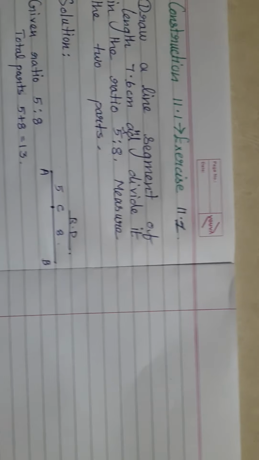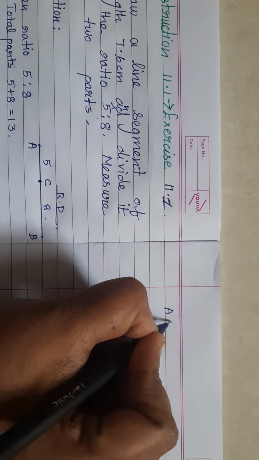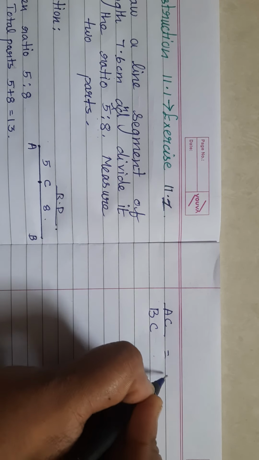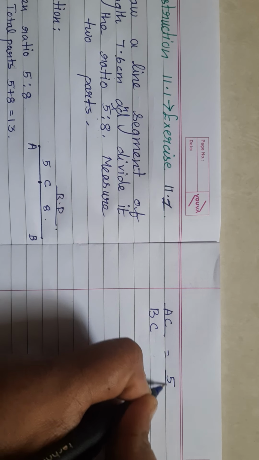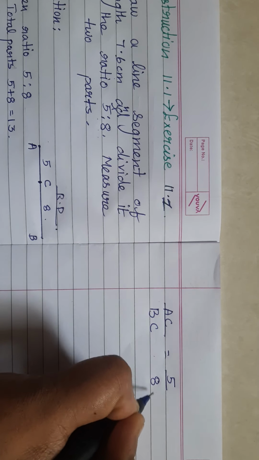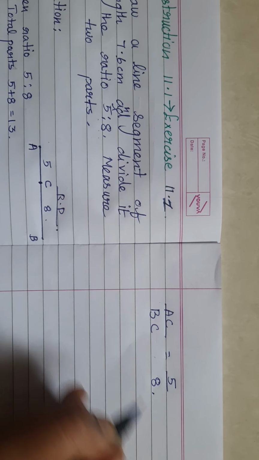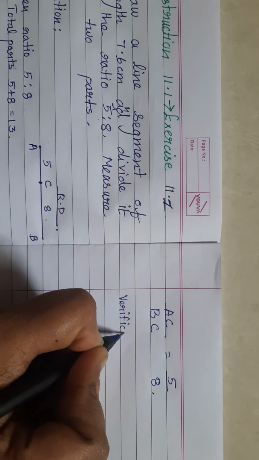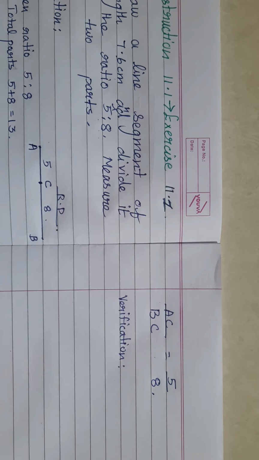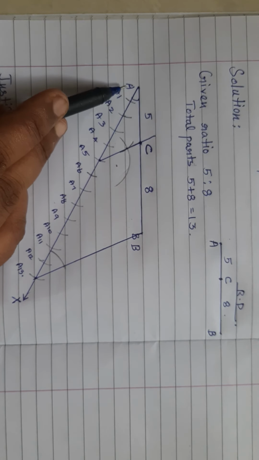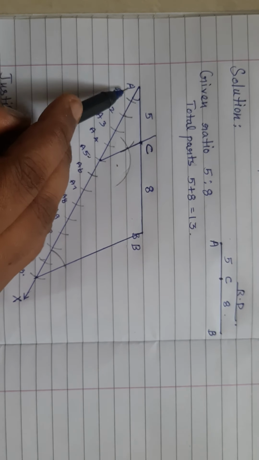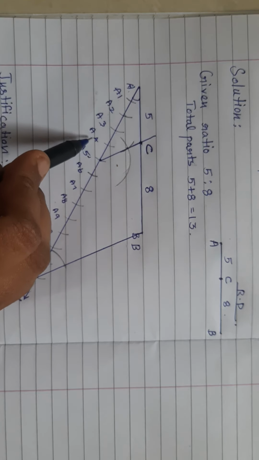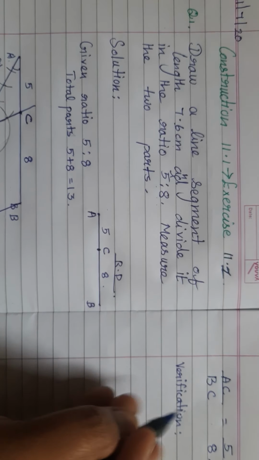So now the value of AC divided by BC equal to 5/8. You can do the verification also. How to do the verification of two parts?